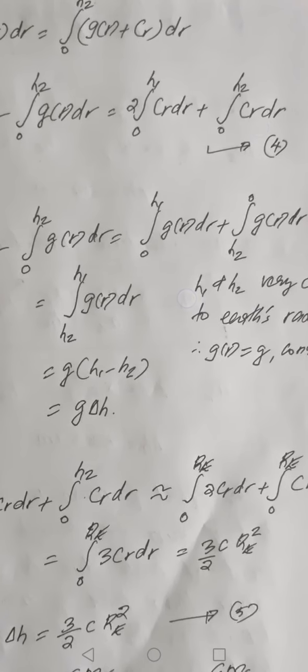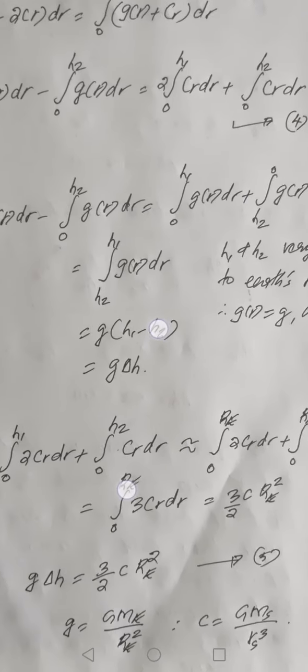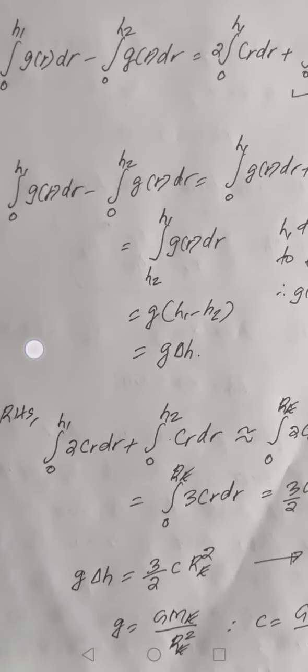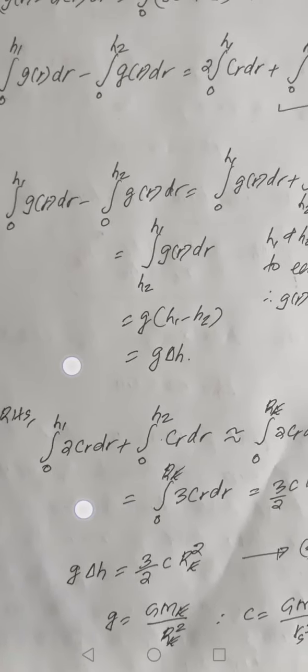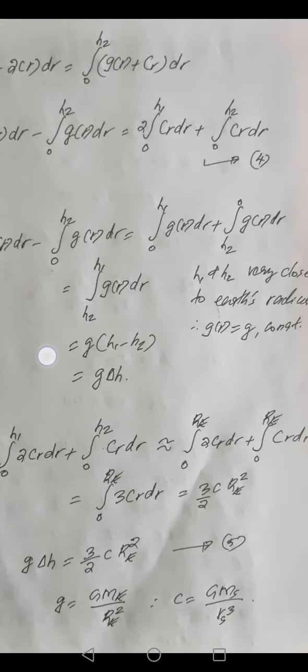So what is the RHS of this equation? RHS is integral 0 to h1 of 2cr dr plus integral 0 to h2 of cr dr. I am taking h1 and h2 as approximately equal to the radius of earth.